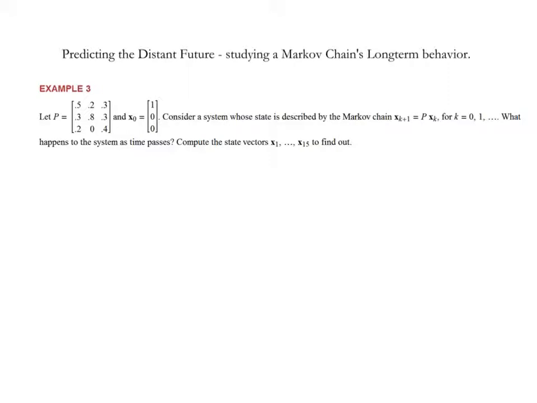So we start off with x naught is 1, 0, 0. And then x1 is P times the previous step, P times x naught, which is 0.5, 0.3, 0.2, 0.2, 0.8, 0, 0.3, 0.3, 0.4.